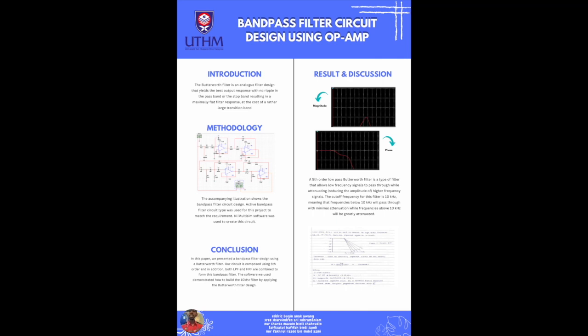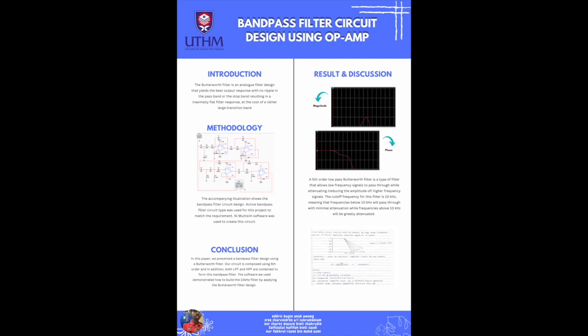In this case, the order refers to the number of poles in the filter. The more poles the filter has, the steeper the roll-off will be in the frequency response, and the more attenuation the filter will have for frequencies outside of the cut-off range.